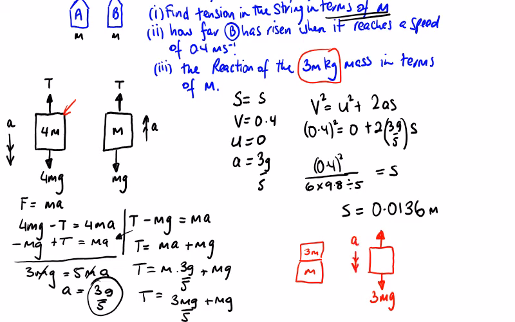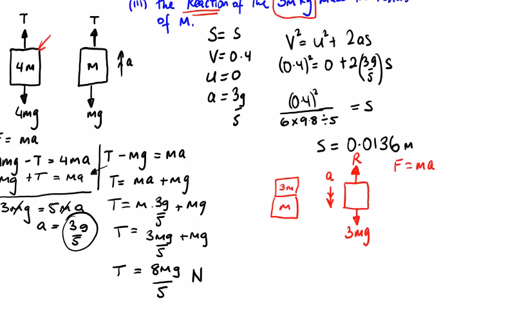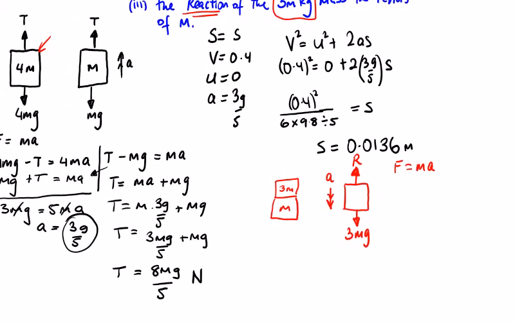So this should enable us, let's call this reaction R, because that's what they're looking for here. So we have, again, force is equal to mass times acceleration. In this case, it's going down, so 3mg minus R is equal to 3ma, or 3m. Now what do we get for a? 3g over 5.